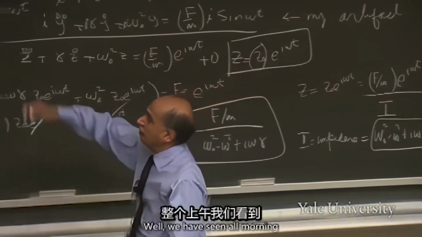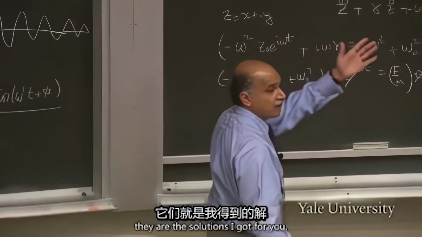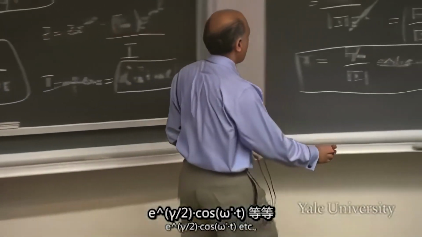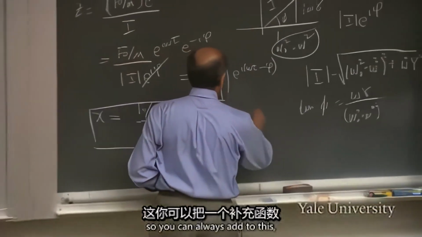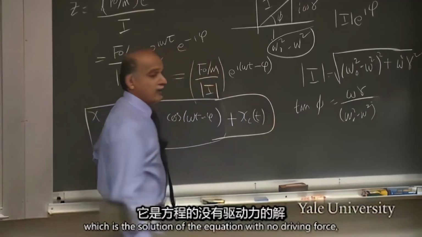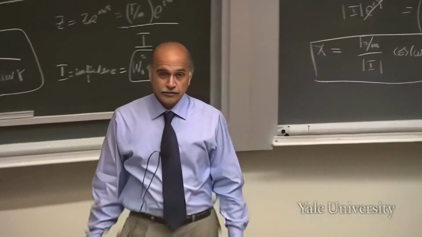Well, we have seen all morning that even when the right-hand side is 0, there are the solutions I got for you, e to the minus gamma t over 2, cos omega prime t, etc. So you can always add to this what's called a complementary function, which is the solution to the equation with no driving force, which is what we were studying earlier in the class.